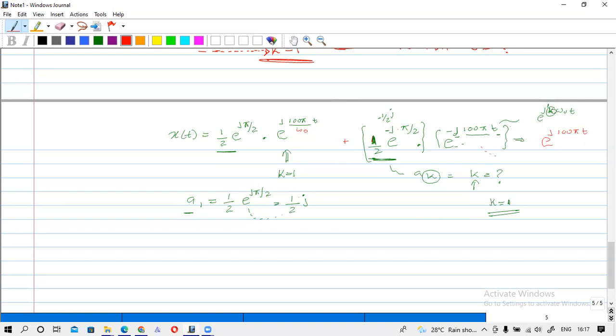This one and this one are equal? No. What is the difference? It is not equal. This term and this term are not equal. What about this minus sign?